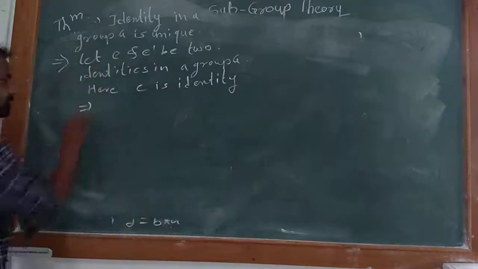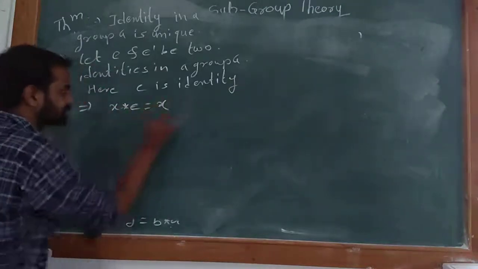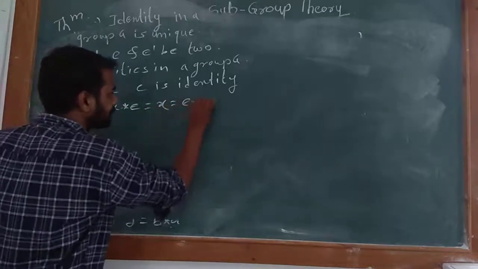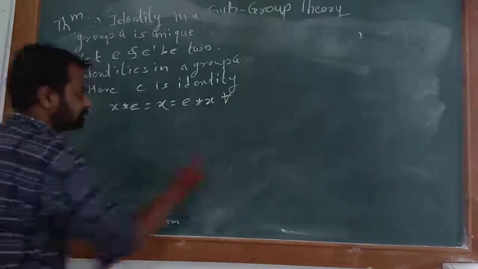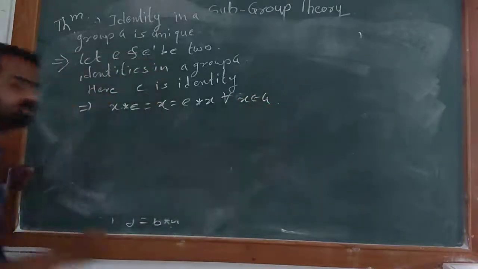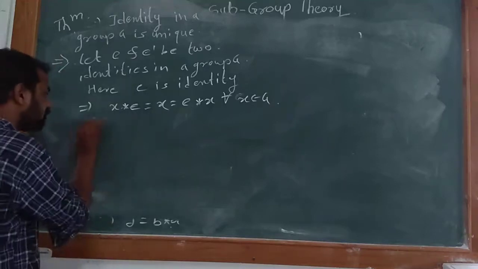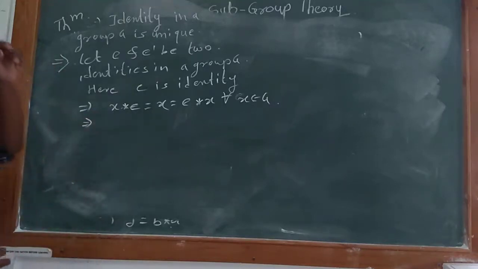This implies X star E is equal to X is equal to E star X for all X belongs to G.